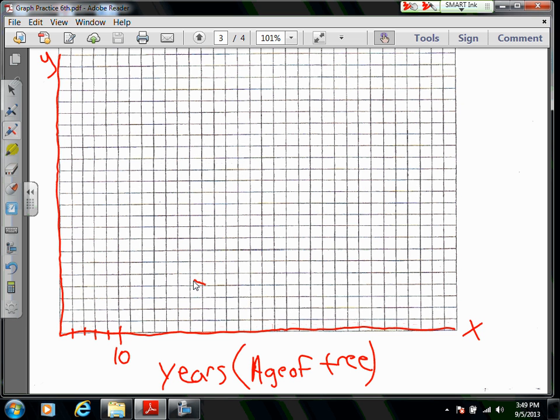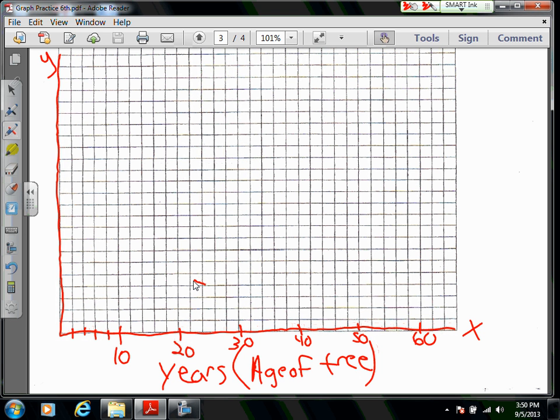That's 10 years. 12, 14, 16, 18, 20 years. 22, 24, 26, 28, 30 years. 32, 34, 36, 38, 40, 50, 60. Okay, so the x-axis, we've got it, the IV labeled, we've got the years labeled.